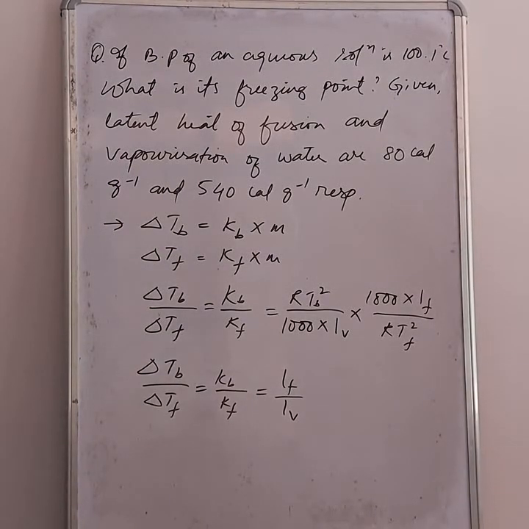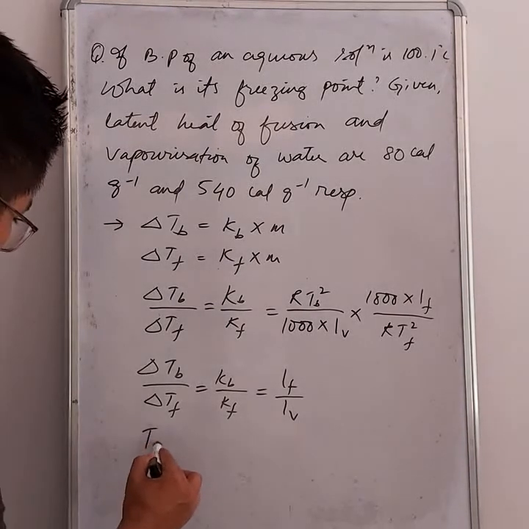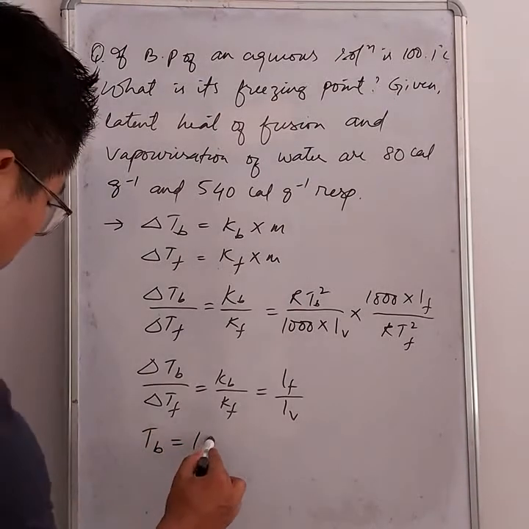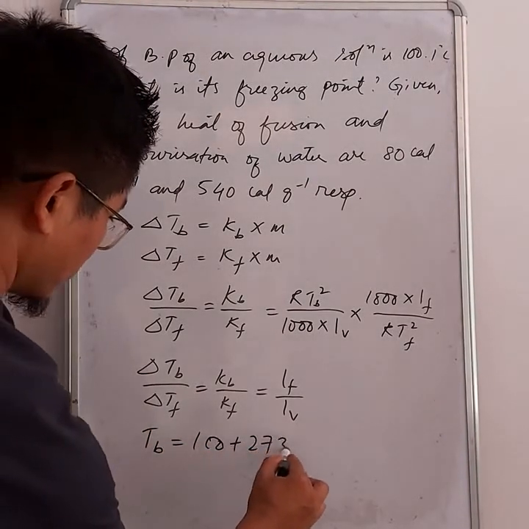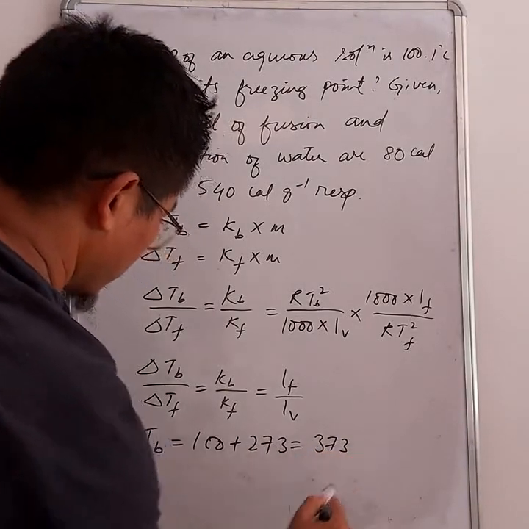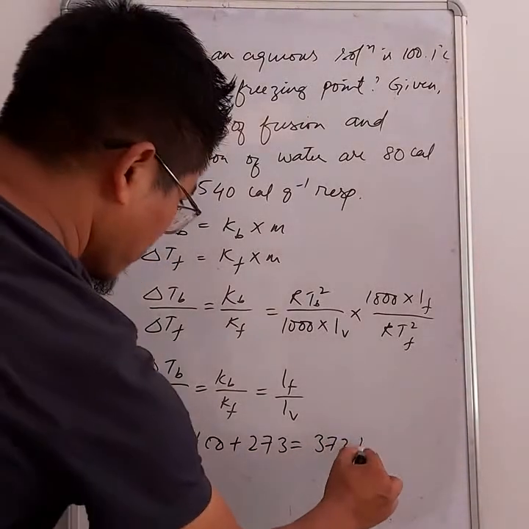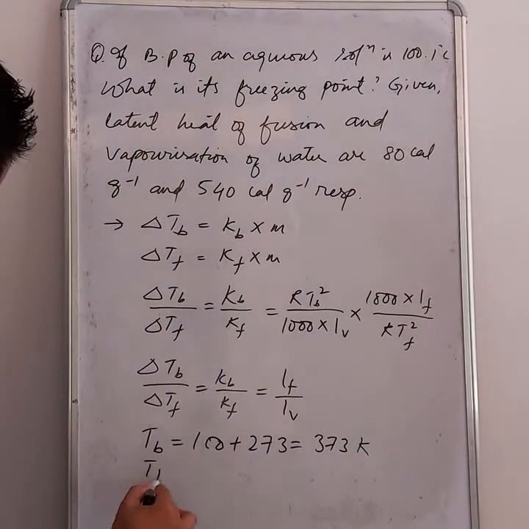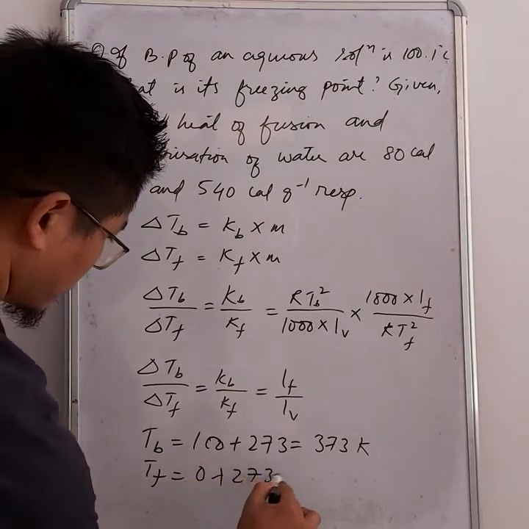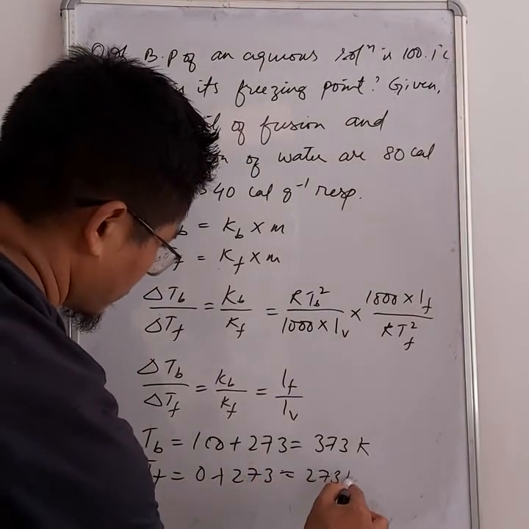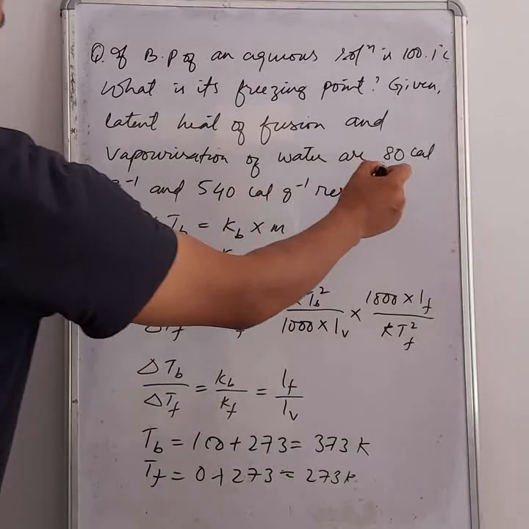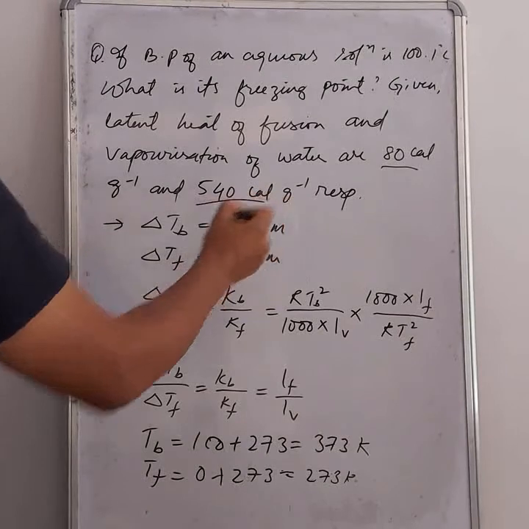Now the change in the temperature, we'll change it into Kelvin, for the freezing point. After that, we have been given the values of latent heat of fusion and vaporization.